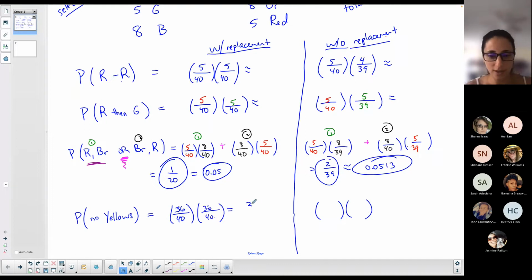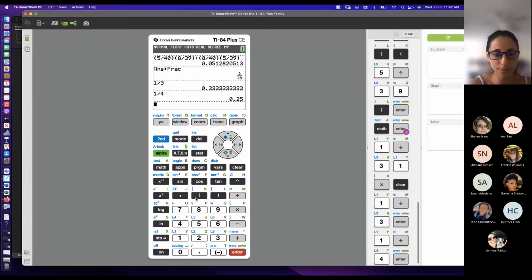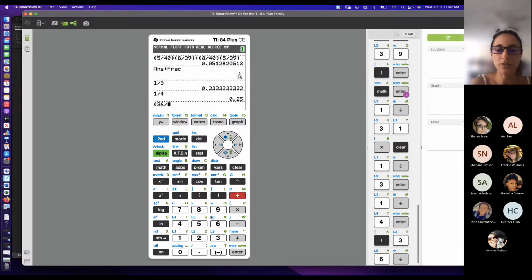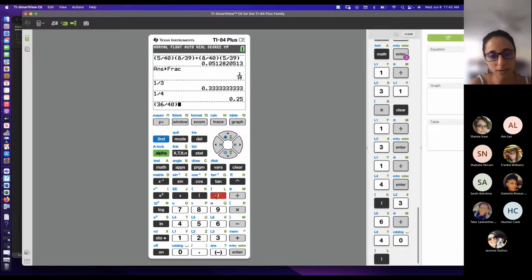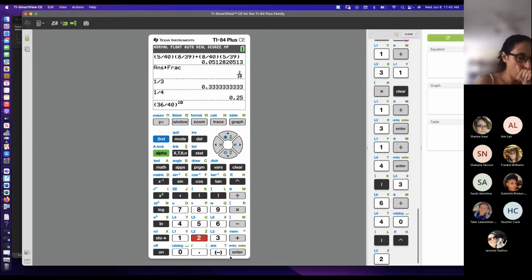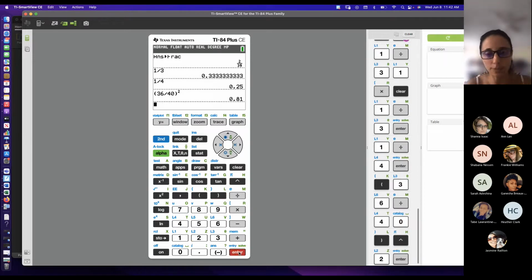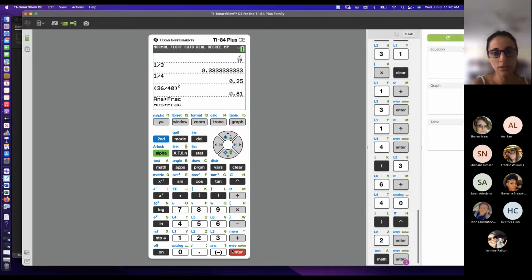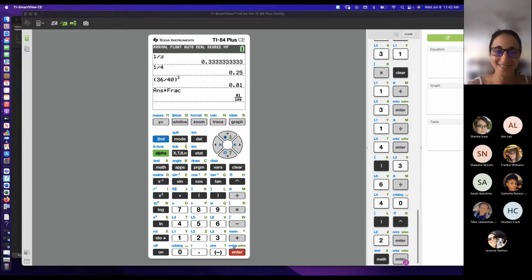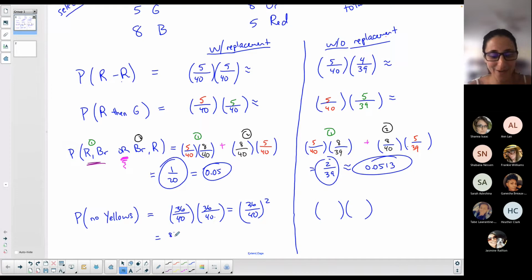You can also write it as this. These are independent events, right? Because the event of the first one happening is not affecting the second one. I could do it like this, 34 out of 40, to the second power, 0.7225, or convert it to a simplified fraction, 289 over 400.